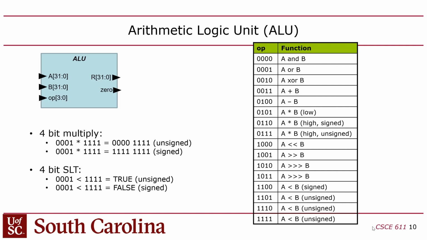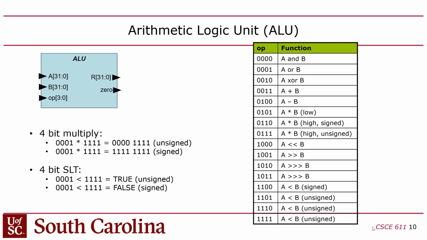Depending on what the op is, it does a function on A and B and spits out the result on R. Additionally, there's a flag called 0 that says if the result of the ALU is 0, then I'll also assert this 0 flag, which is useful for resolving branches.